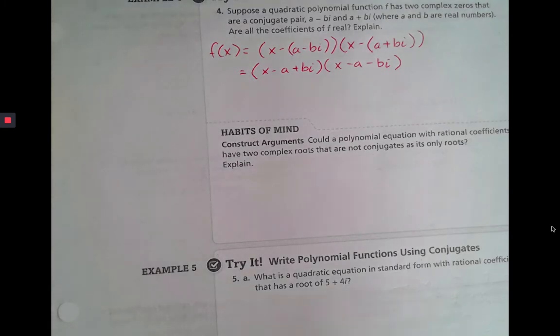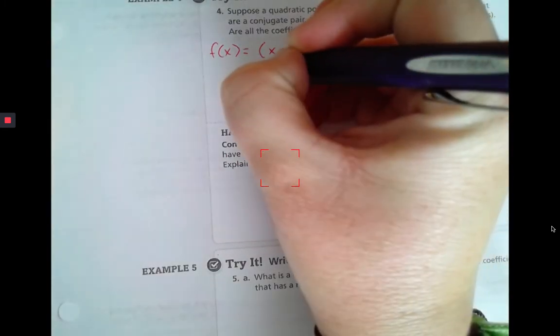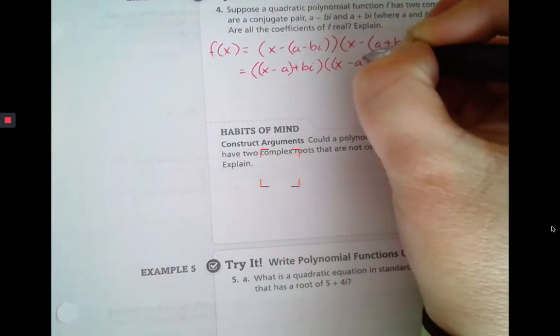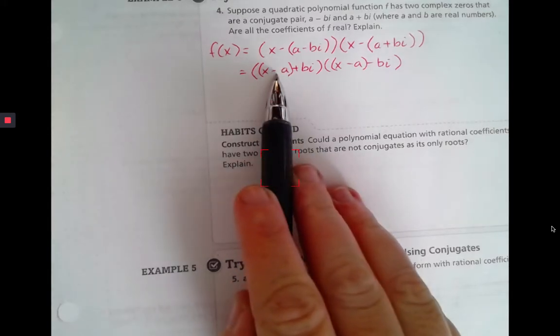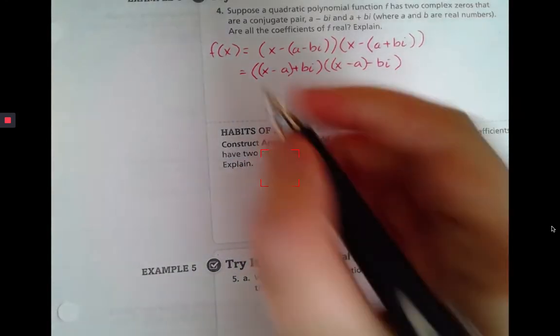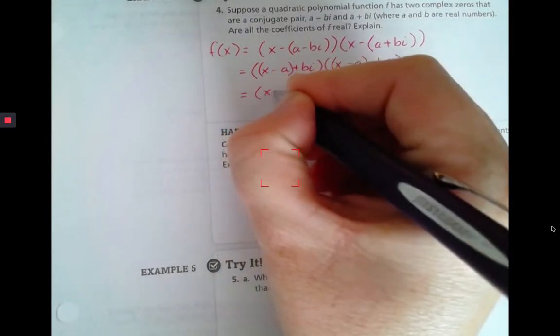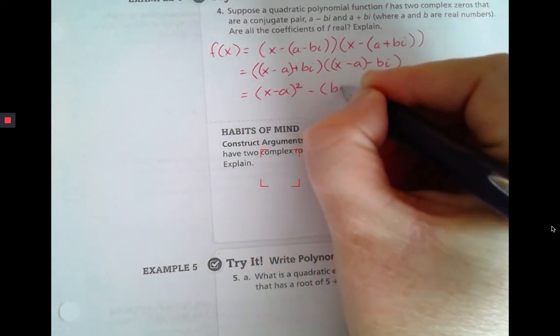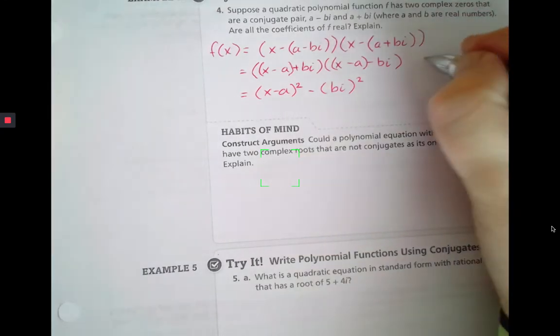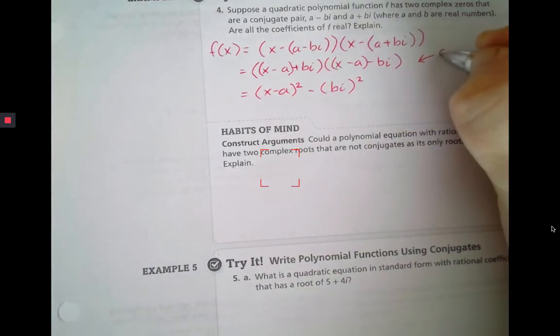So at this point, they have us regroup it so that we can write it as the difference of squares. So this is going to be my first term, and bi is going to be my second term. So I'll rewrite this as x minus a squared minus bi squared. That's using the difference of squares.